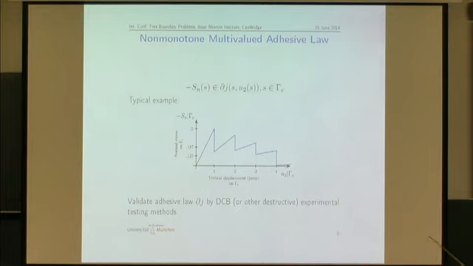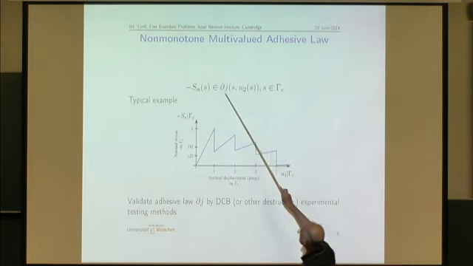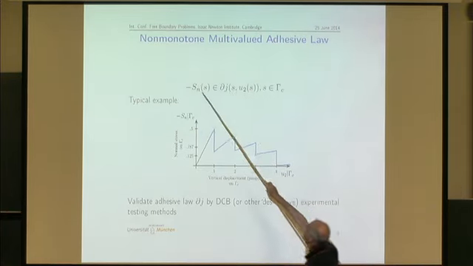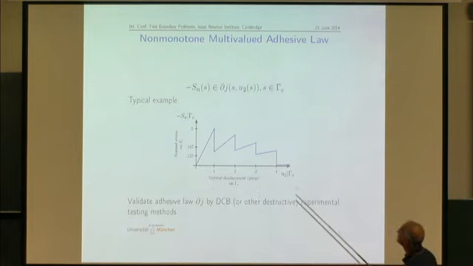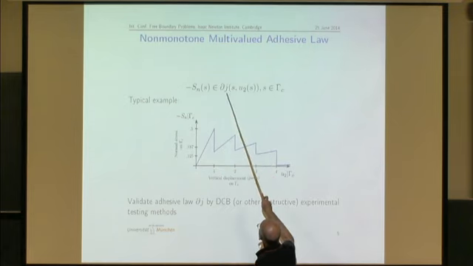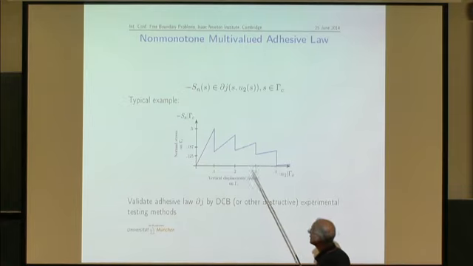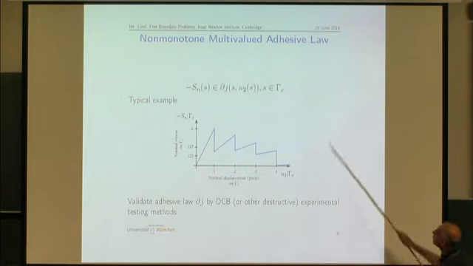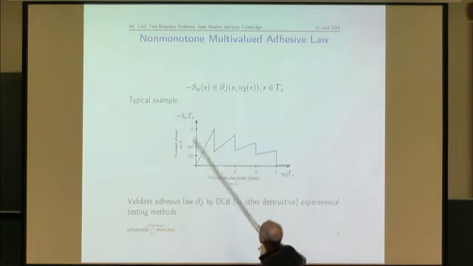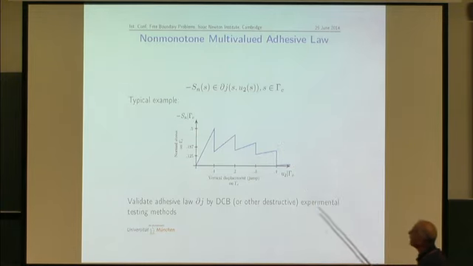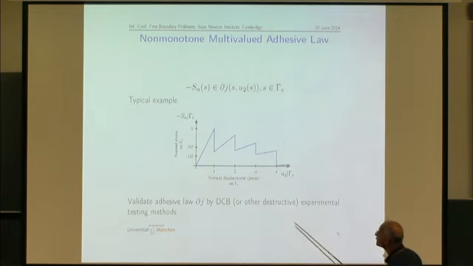That means a typical example is given by that. So we mimic this behavior with the jump. We describe this in the form of a generalized derivative with respect to some non-convex function J, which will turn out to be locally Lipschitz. And of course, such a law between normal stress and displacement in vertical direction u2 has to be validated by such testing methods.